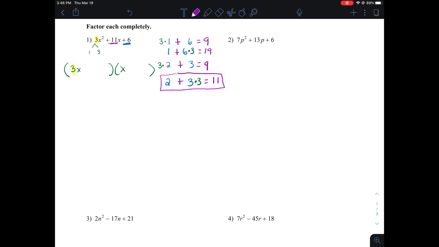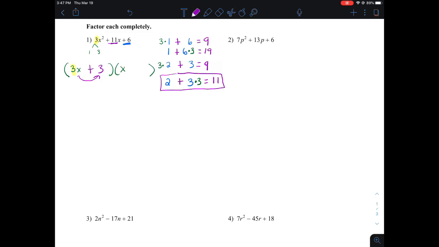Now that I know I have to have a plus 2 and a plus 3 inside of my parentheses, I've got to make sure I put them in the right spot. I need to ensure that the 3 that I'm putting inside of one of these binomials gets multiplied by the 3x. Well, I cannot put the plus 3 in here because the 3x will never multiply to that.